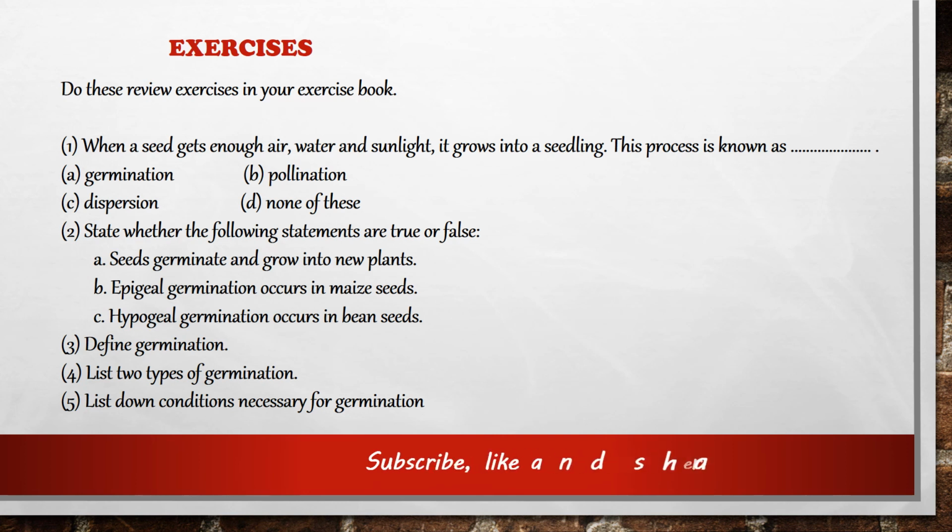This process is called what? You choose one of those 4 alternatives. Question number 2, state whether the following statements are true or false. Question number 3, define germination. Question number 4, list 2 types of germination. And question number 5, list down conditions necessary for germination.